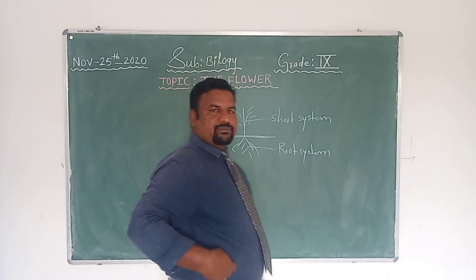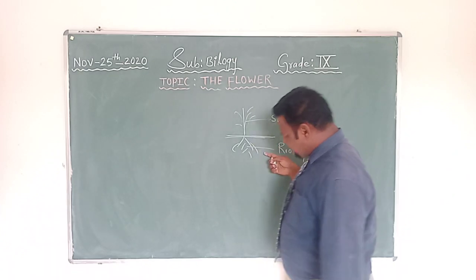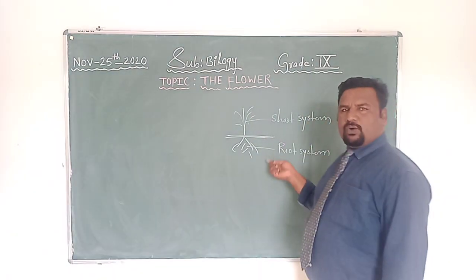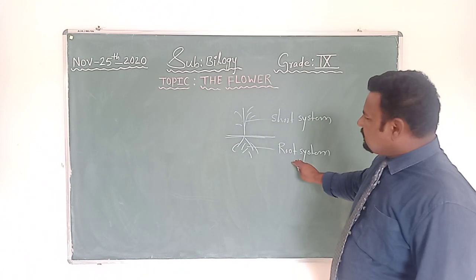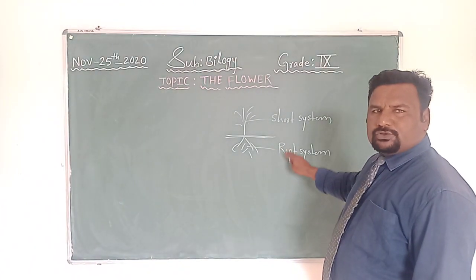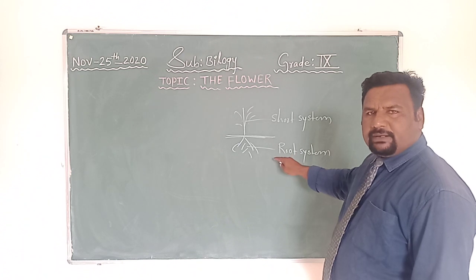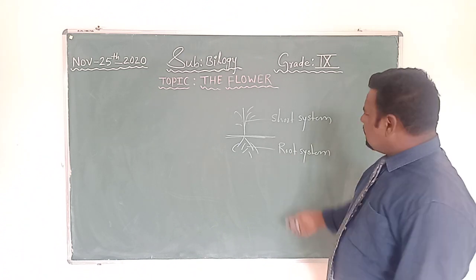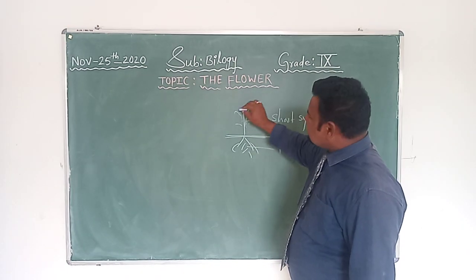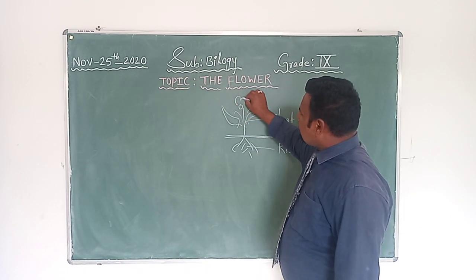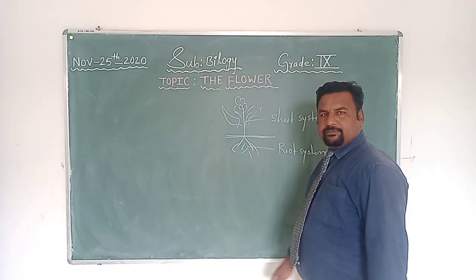Roots are underground modified parts of a plant body. They are present below the ground, they are not visible. And the shoot system further includes branches, leaves, flowers.